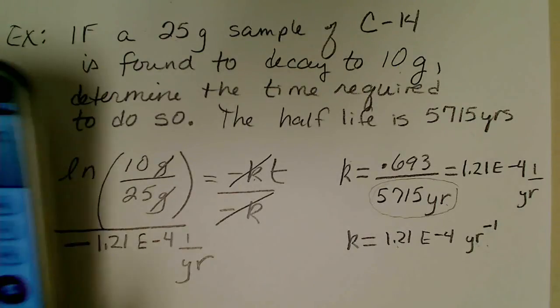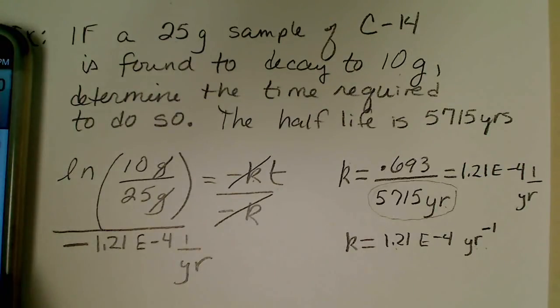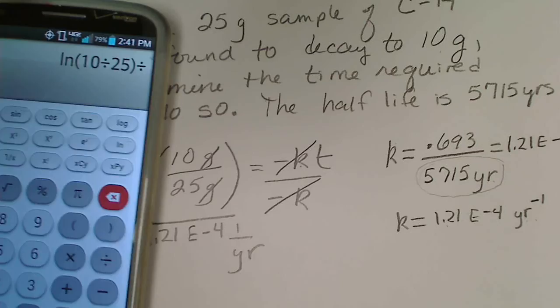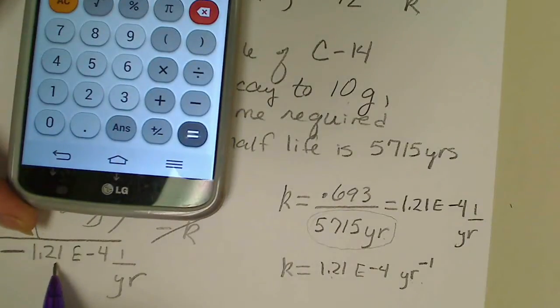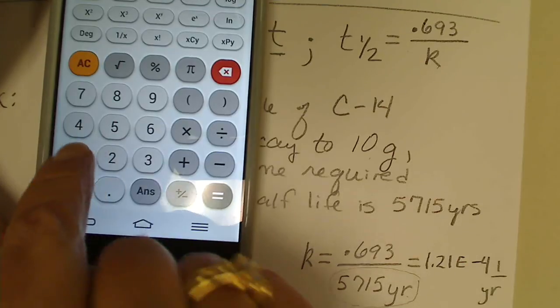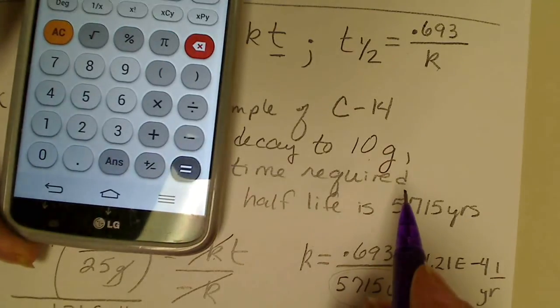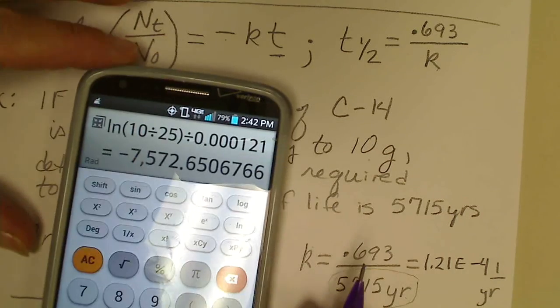If I take the log, and good thing these have parentheses, I'm going to take the log of 10 divided by 25 and close the parentheses, and then divide that by, I'm going to put this back in decimal form, 0.000121, and enter that. You get a negative. That does not sound right.